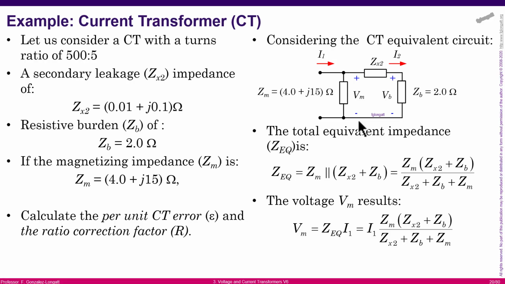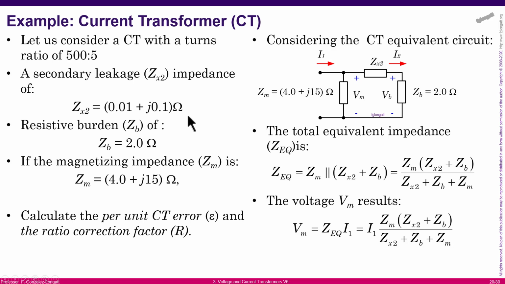Okay, let's start with the following. Imagine that we have a current transformer. This is a very simple current transformer. Transformer ratio is 500 amps on the primary, 5 amps on the secondary. As you must be aware, this example is using an American current transformer, okay?